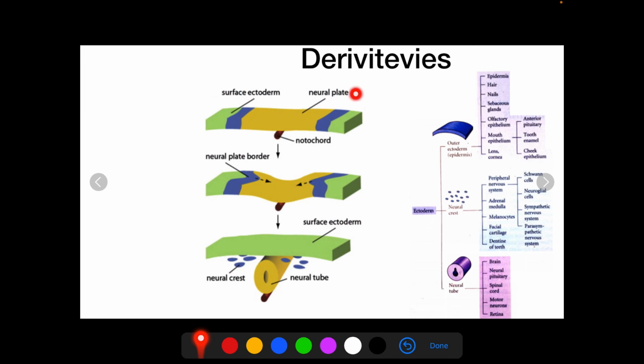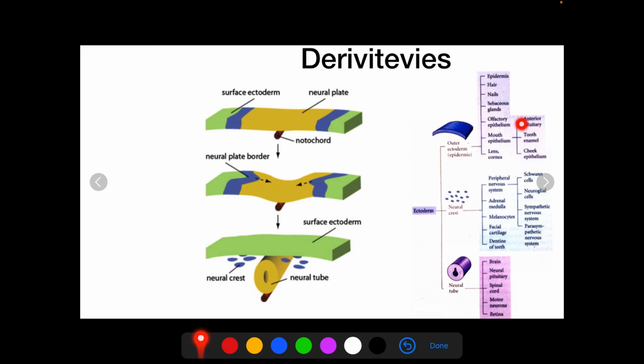That's the general principle of the derivatives. Regarding ectoderm, we said ectoderm is surface ectoderm, neural tube and neural crest. Anything surface ectoderm is known from its name, the surface of the body, so anything epithelial. So it forms epidermis, hair, nails, sebaceous glands, olfactory epithelium.